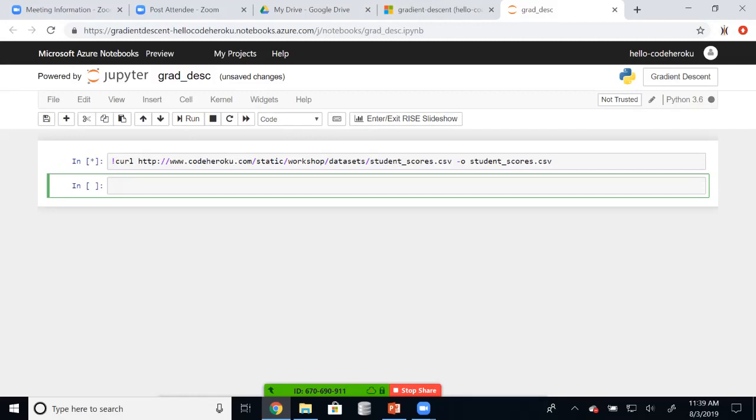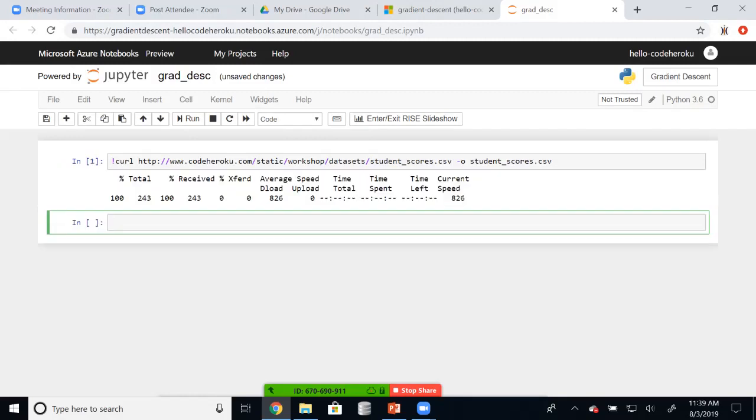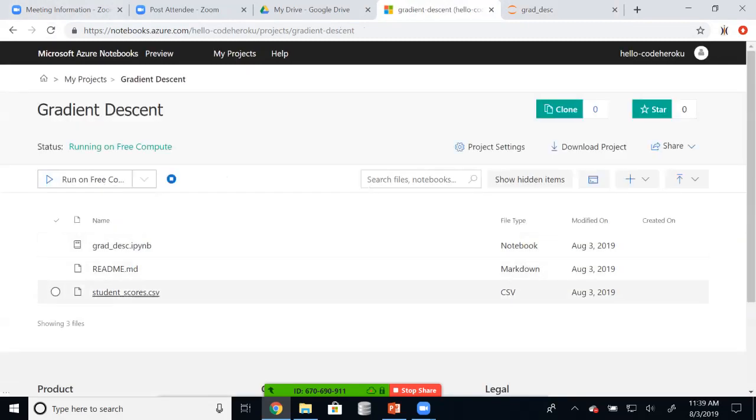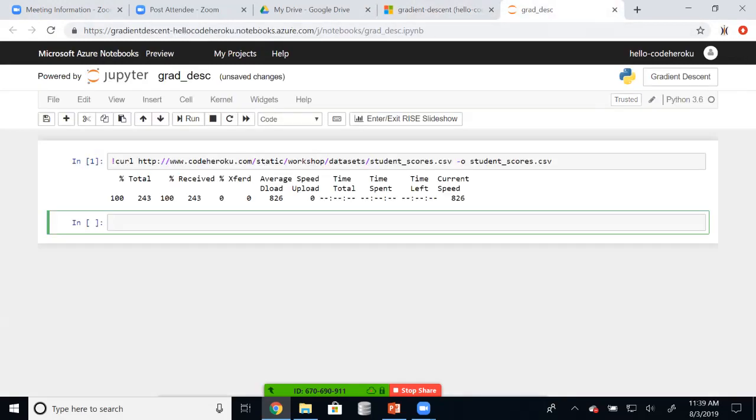So go ahead and download the data set. It was pretty quick for me this time. Make sure you have the data set in your folder. I'm just going to refresh it so that we know that we have the student_scores.csv file. It's the same problem that we have solved previously in our class on linear regression.